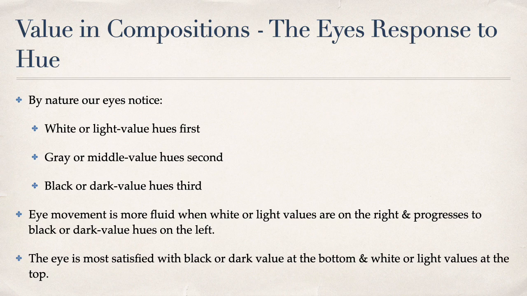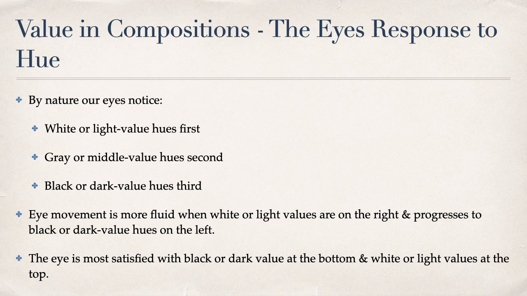The eye's response to hue. Keep in mind that a composition of a few hues is generally more pleasing to the eye than one of many. By nature, our eyes tend to notice white or light value hues first, gray or middle value hues second, and black or dark value hues third.